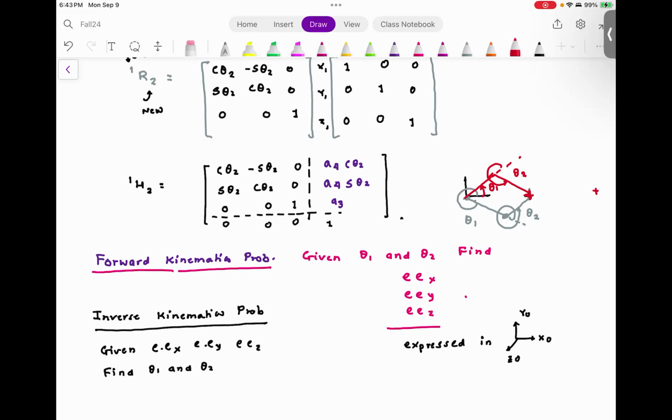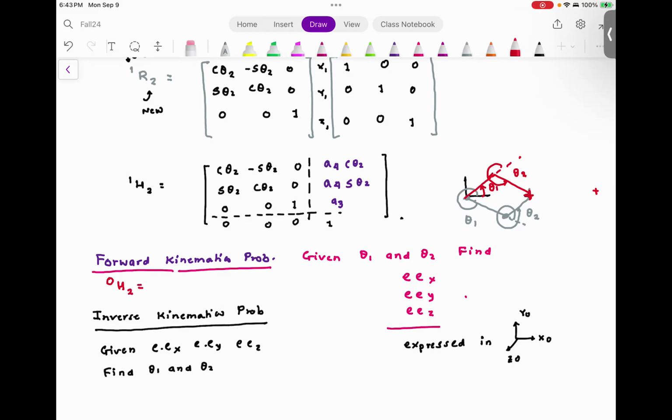What we do is we set up the forward kinematics problem, find out 0h1, 1h2, 2h3, 3h4, however many h's there are. And we solve the forward kinematics problem as 0h2. Why 0h2?